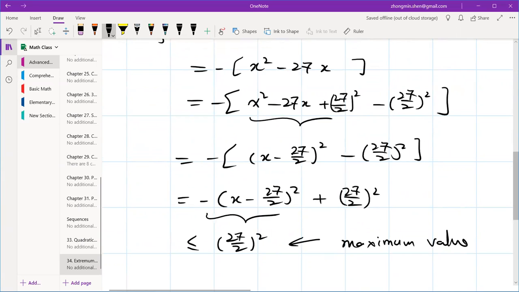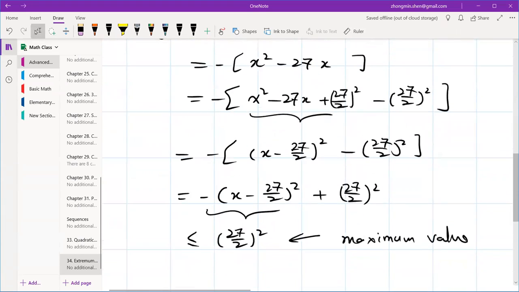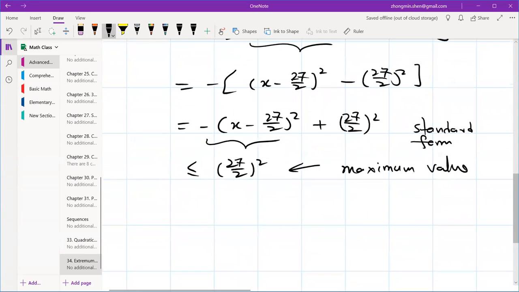You don't need to see the graph. Okay. So this is the maximum value. But you have to express it in the standard form. Okay, that's the standard form. Okay. So I'll go back to this function again.